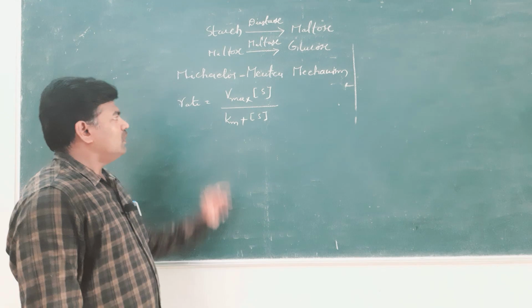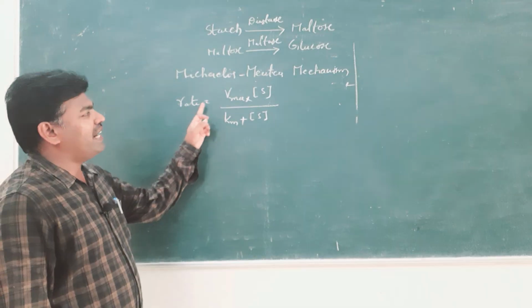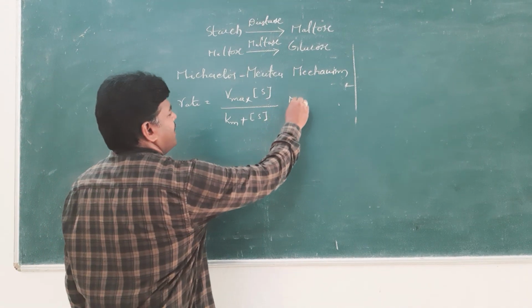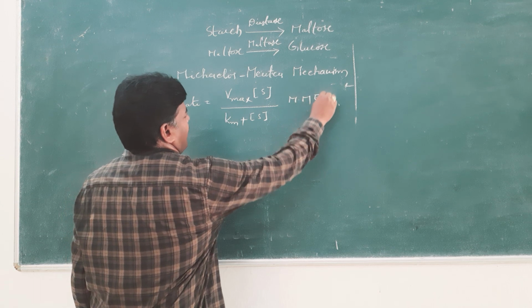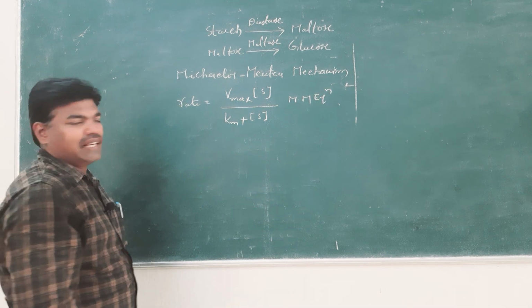Okay, so rate is equal to this simplified Michaelis-Menten equation. From this we can discuss conditions.